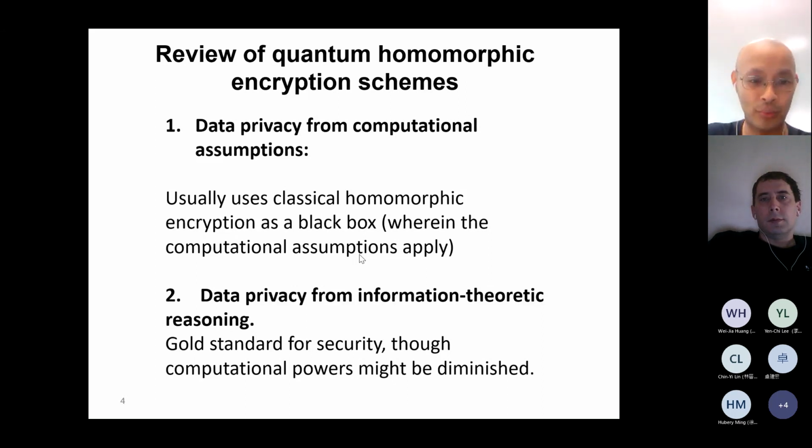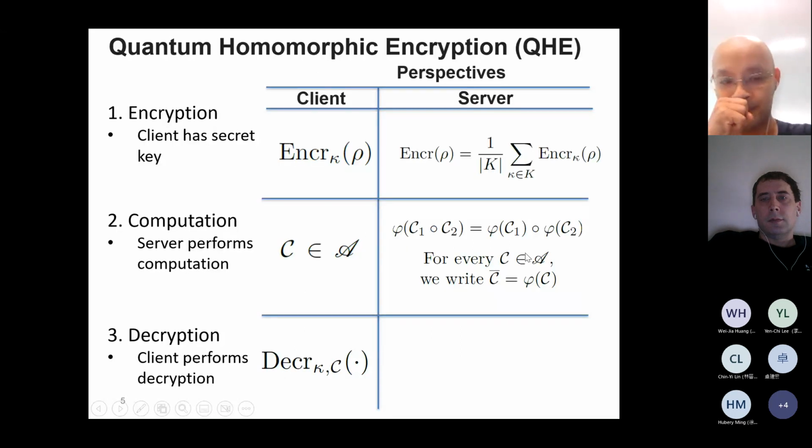In this talk, we're going to focus on the second type of data privacy, data privacy in the information-theoretic setting. Of course, I haven't defined what it means, but you just need to be patient while I lay down the problem.